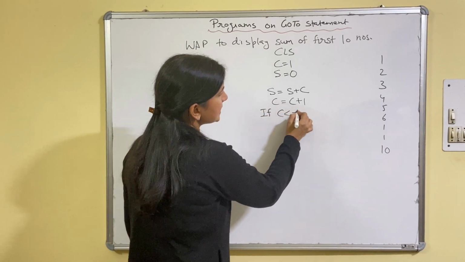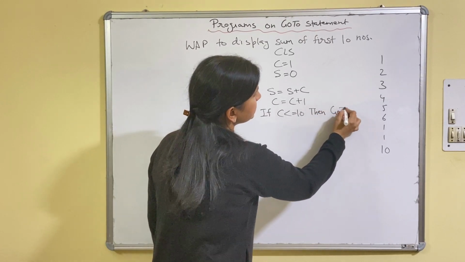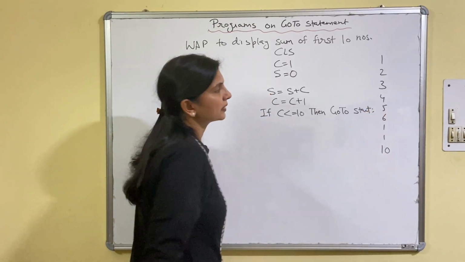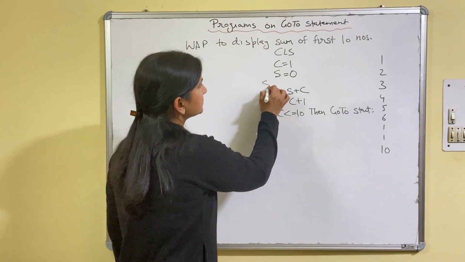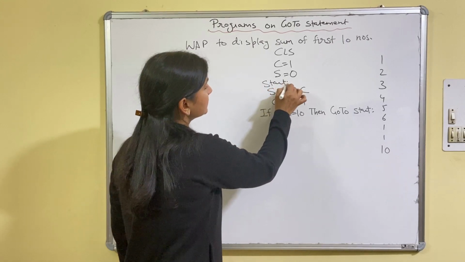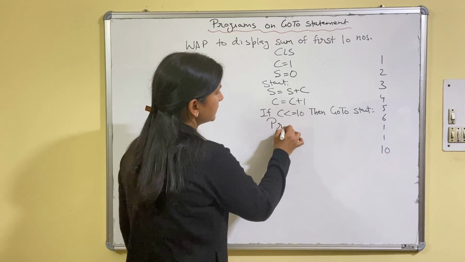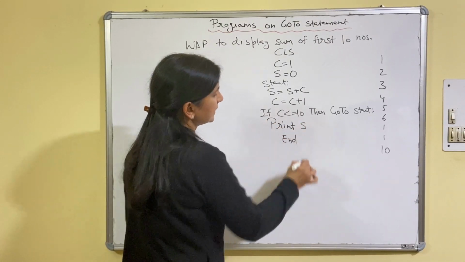If c less than or equal to 10, then goto start. Where shall I write start? Here. Fine. After the if, we will print s and then end.